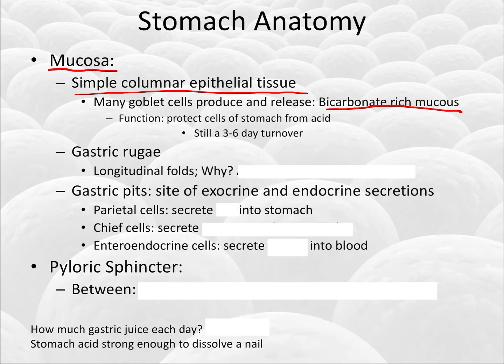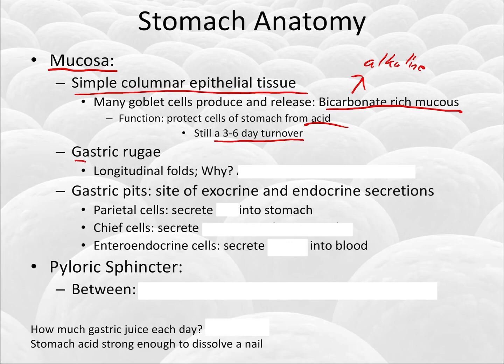The bicarbonate-rich mucus would be alkaline, so that would go against the strong acid from the stomach to protect the cells on the lining of the stomach. But even with that, those cells still die and get turned over every 3 to 6 days.